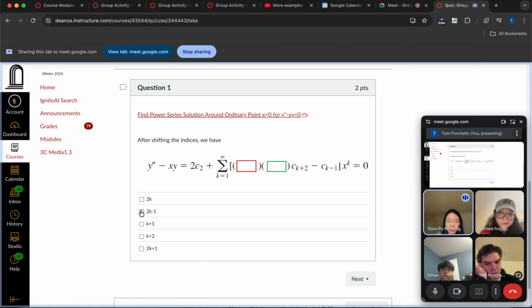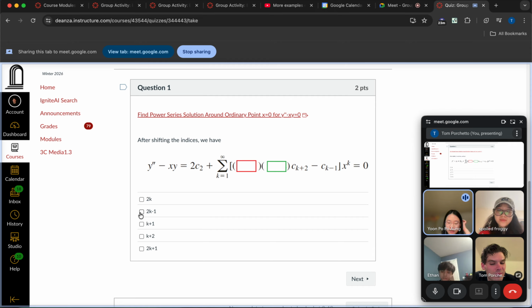So I now have 2c2 plus the summation of k equal to 1 going to infinity of k plus 2 times k plus 1 times c(k plus 2) times x to the power k, minus the summation of k equal to 1 of c(k minus 1) times x to the power k. Now I can combine those two because they have the same index.